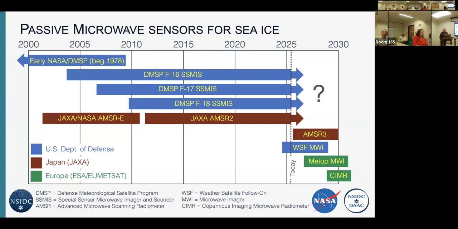There's also some Russian sensors, also with limited access in terms of what we as NASA and NASA affiliates can access. I've also seen some questions about the quality of those data. But at least for these, and with the WSF now launched, we have something up there that can take over.